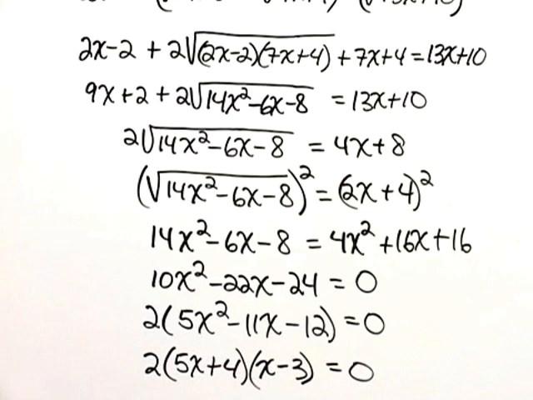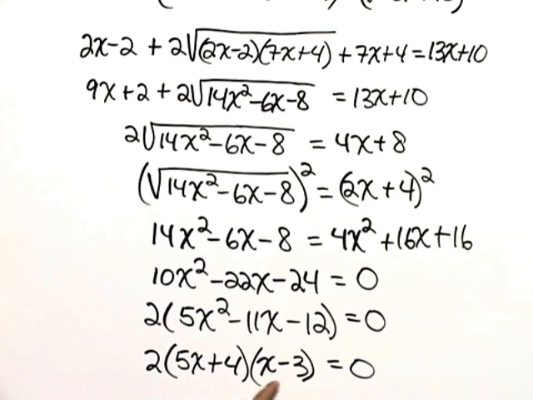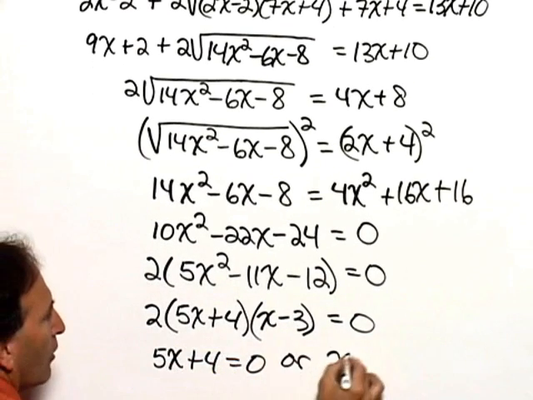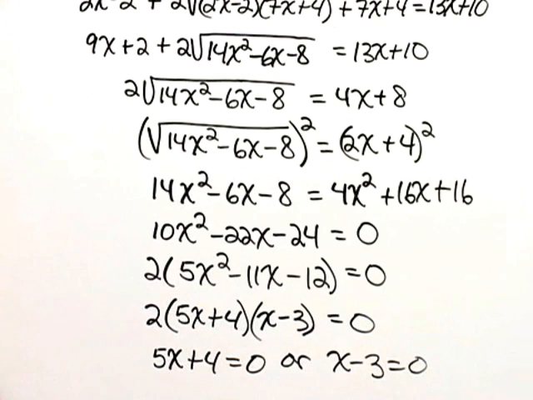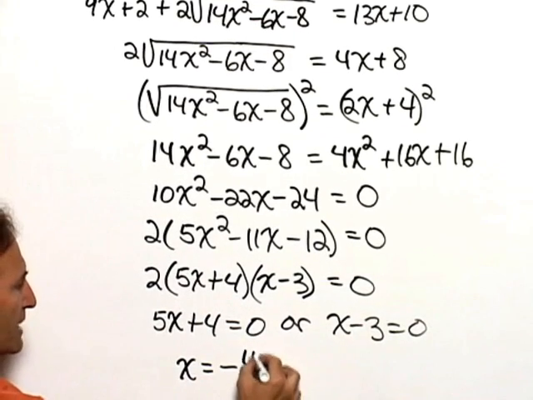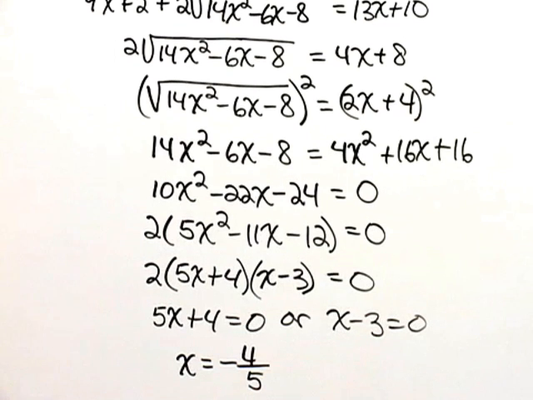Now we use the zero factor property. Of course, 2 can't equal 0, so all we're interested in is these two linear factors, 5x plus 4 equals 0, or x minus 3 equals 0. Solving this equation, we would subtract 4 from each side and divide by 5, giving us the result that x is equal to negative 4/5.